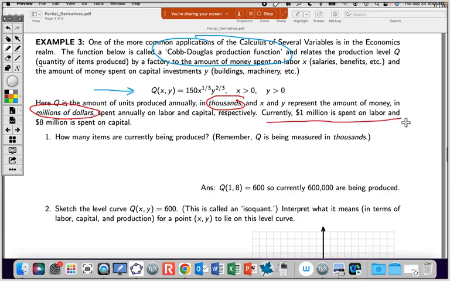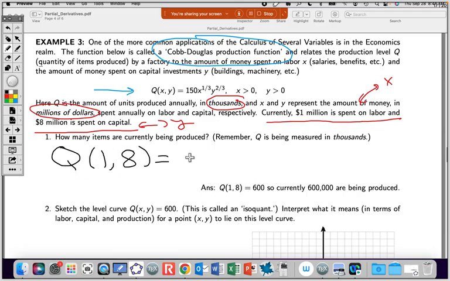Currently, there's $1 million spent on labor and $8 million spent on capital. So the labor amount, that's what the X is. The capital amount, that's what the Y is. How many items are currently being produced? So once again, you plug in X is 1, Y is 8.